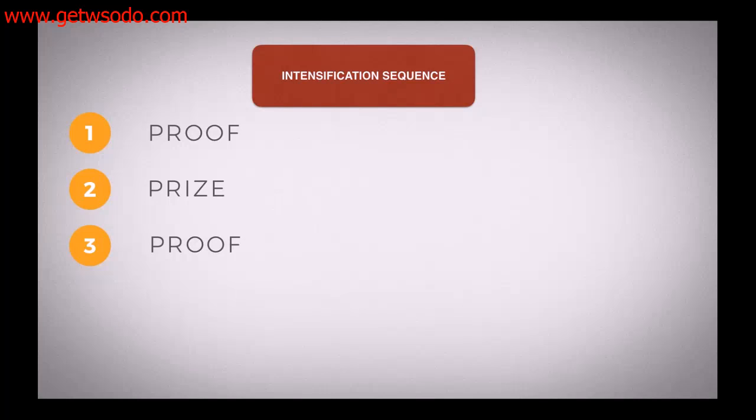And so we focus on two different proof points here in the intensification sequence. The proof points that you're looking for here are customer journey stories. And ideally, you're not telling the same story twice, meaning the first story varies slightly from the second story.